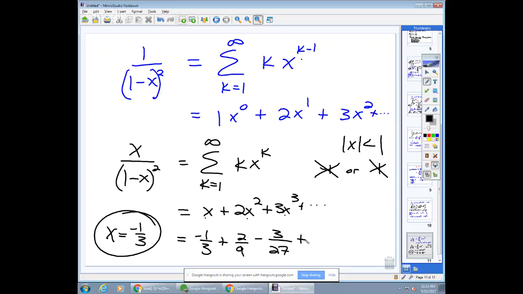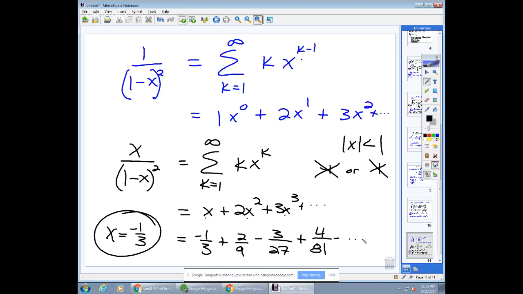And then I'll get a plus 4/81 and a minus. Does that look familiar? Yeah, this is the opposite of what we ended up with in class. We tried to do this in class a few days ago, and it added up to 3/16. This one right here adds up to -3/16 is my claim.